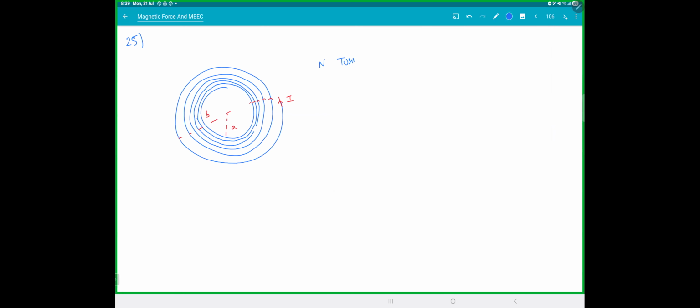Find the magnetic field at the center. Hope you remember the technique for spirals.